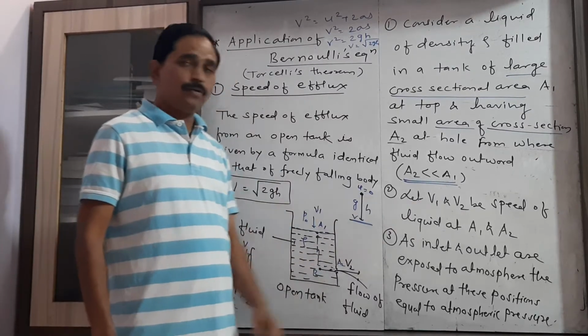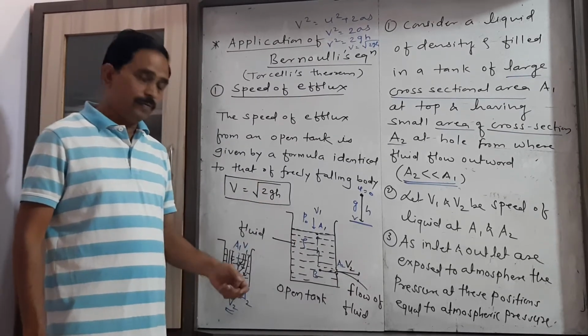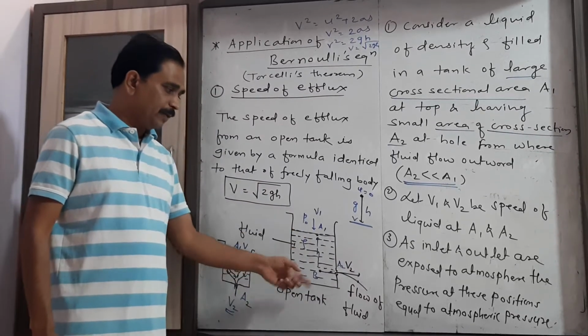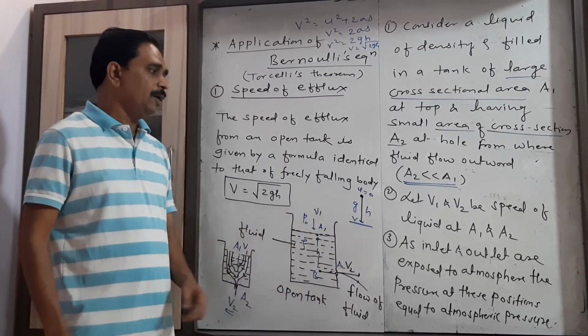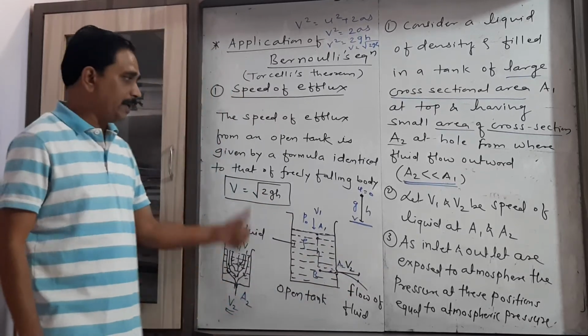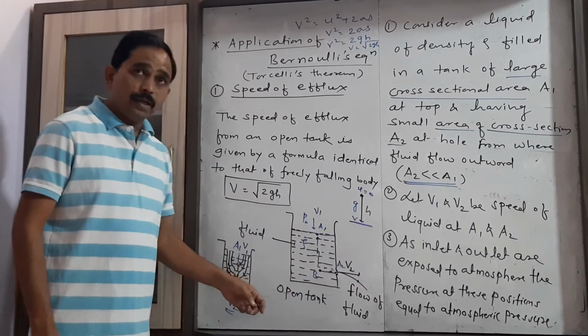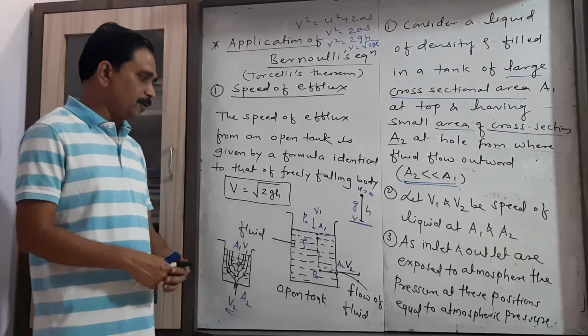So V1 and V2 are the speeds of the liquid at A1 and A2, meaning where the area of cross section is A1 at the top and where the area of cross section is A2 at the small hole. Now you have to keep in mind this condition while deriving this formula. That is, the top is obviously exposed to the atmosphere.